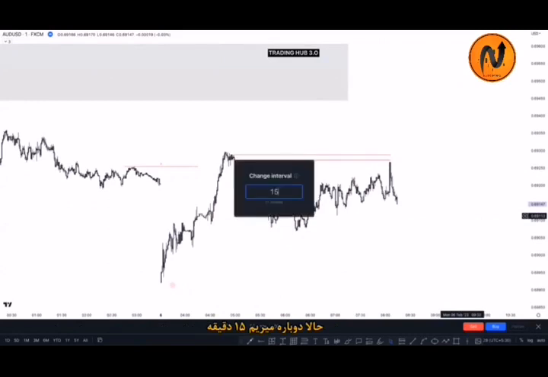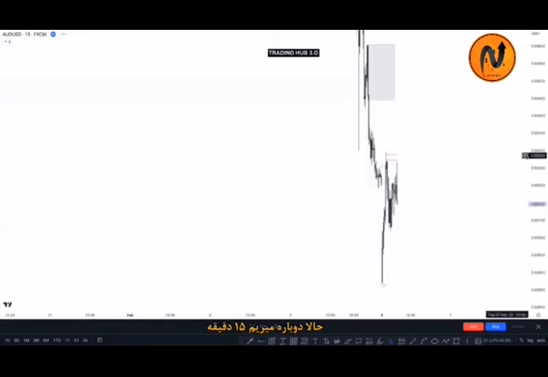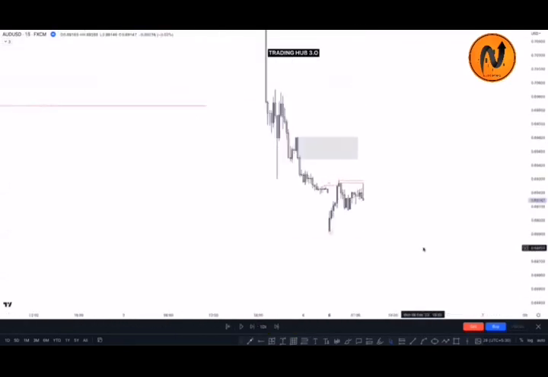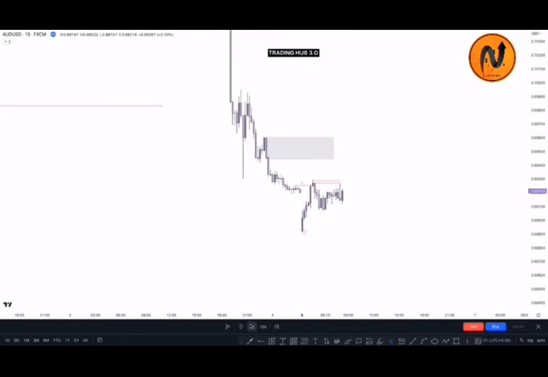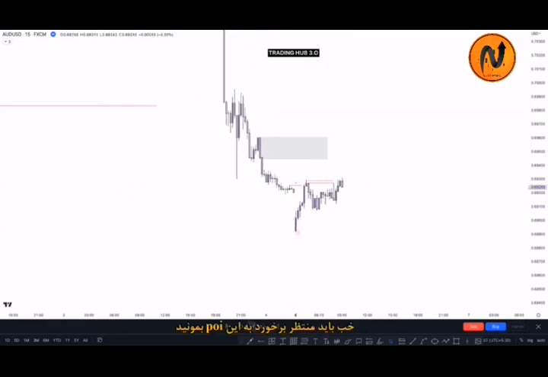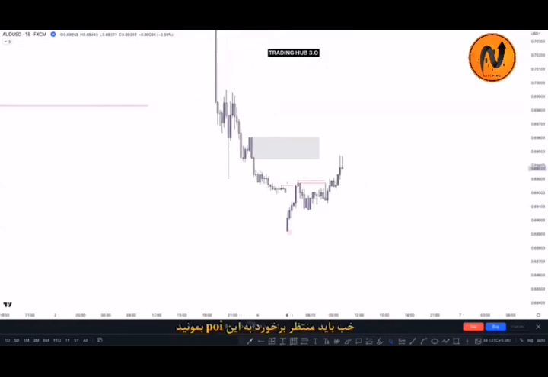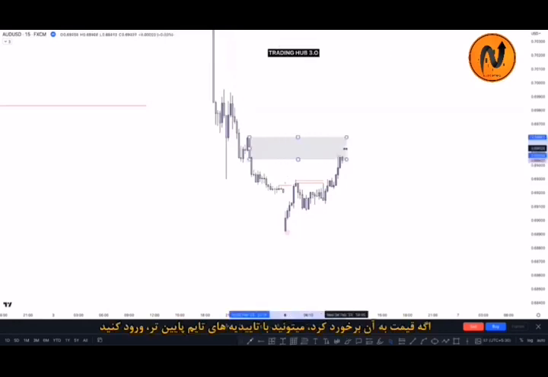Now switch again to the 15-minute time frame. Let's see, and you have to wait for it to mitigate your POI zone, right? So this one is your POI. Once market taps on your 15-minute POI, then you can sell here based on a 1 minute time frame, based on lower time frame confirmation.